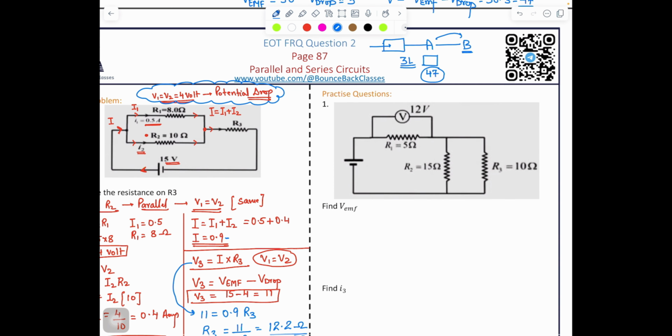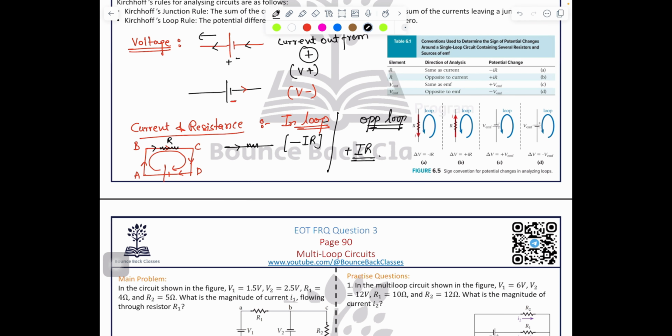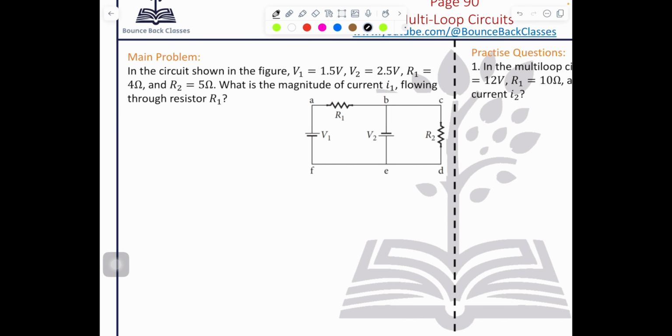Okay. Now, let's move to the question first. That is your main question. You need to focus. In the circuit shown in the figure, we have the V1 here. V1, the value is 1.5 volt.